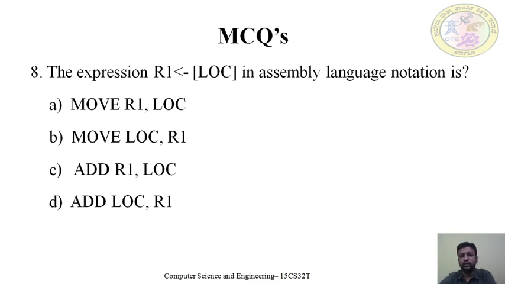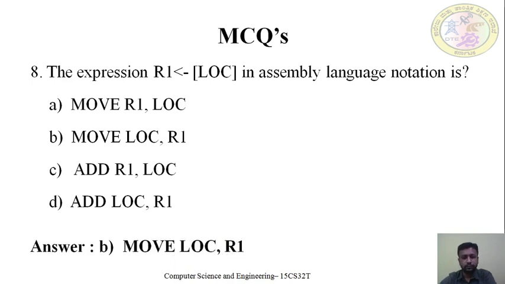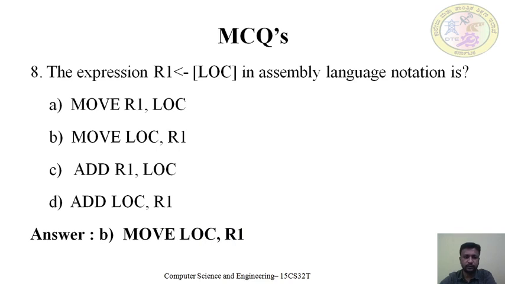Here the contents of LOC are transferred to R1. A and B are move, which are possible, but C and D are add. Here we are not adding the contents, we are just transferring them. In A, the transfer is R1 to LOC. No, here the contents are transferred from LOC to R1. So B is the right answer.